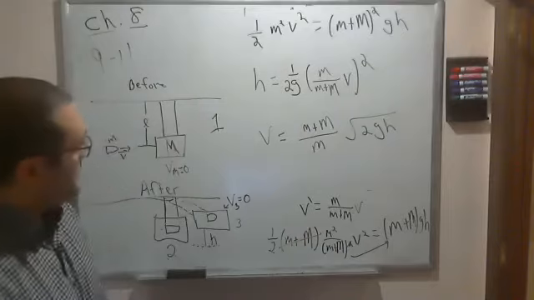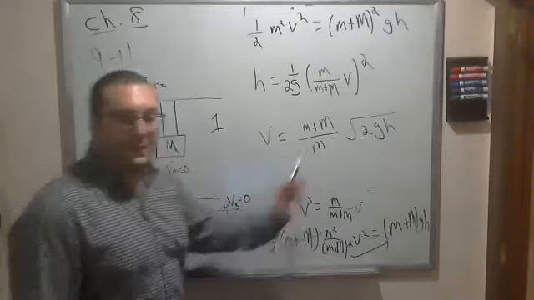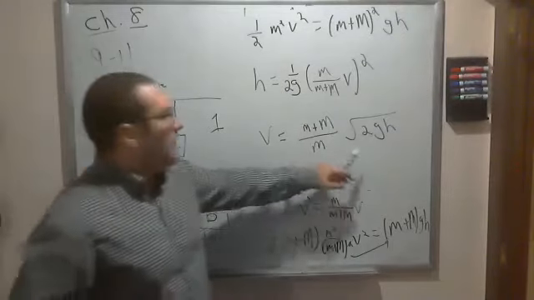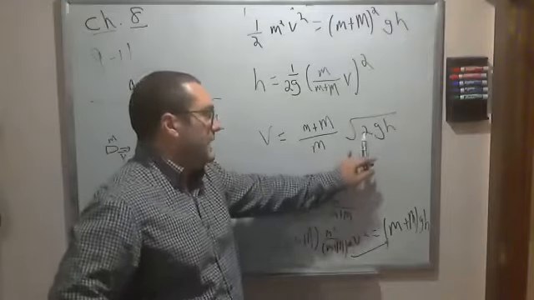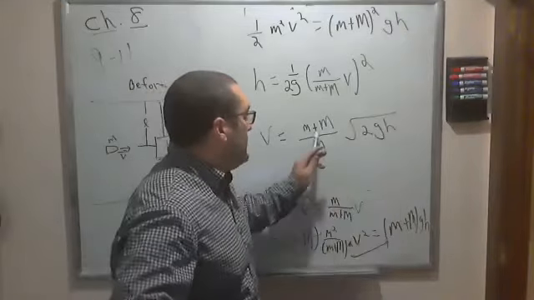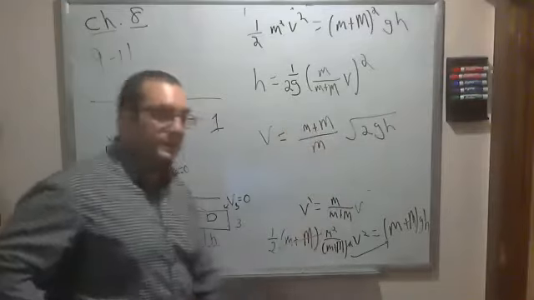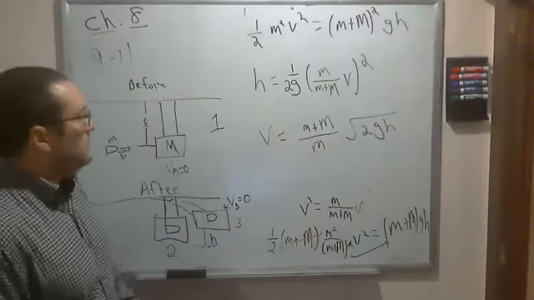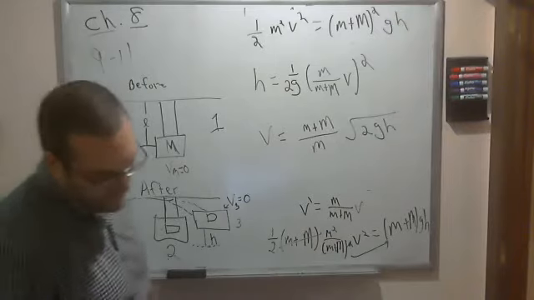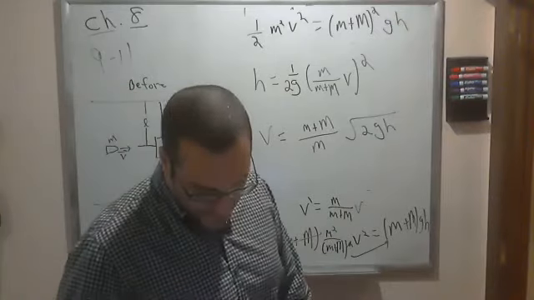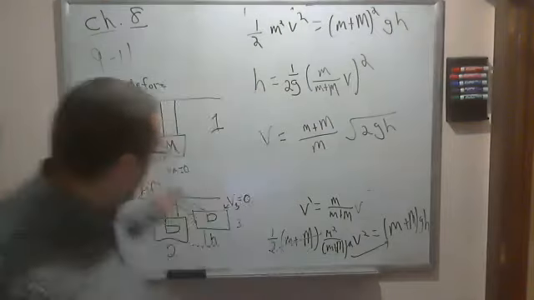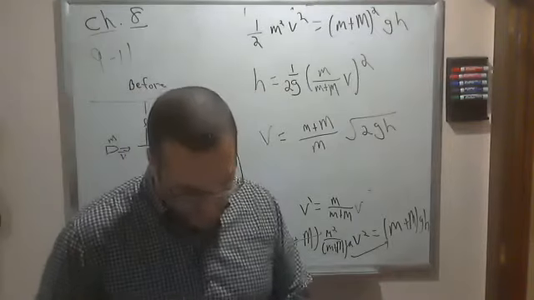Now this looks kind of familiar, right? When we did conservation of energy, we have this term 2gh, and we just multiply it by this ratio. So that's how we do a problem with inelastic collisions.